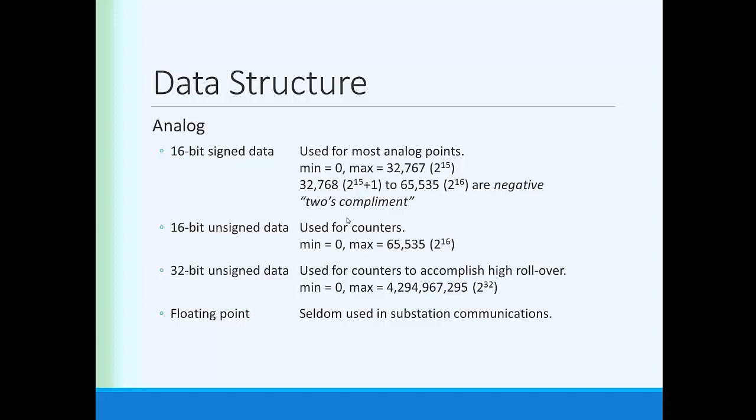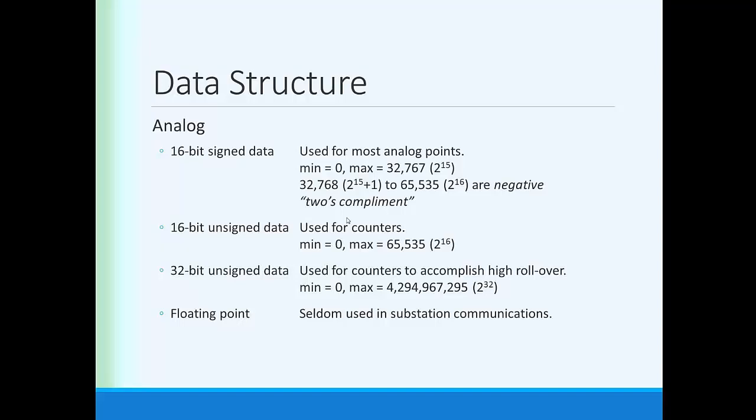If you ever go into an RTU and you see a number that appears to be out of range, and you read the number, and the number is like 72,156, it's not out of range, it's negative, because the number is greater than 32. Let's say it's 40,000. 40,000 is greater than 32,000, but it's less than 65,000, therefore it's a negative number.